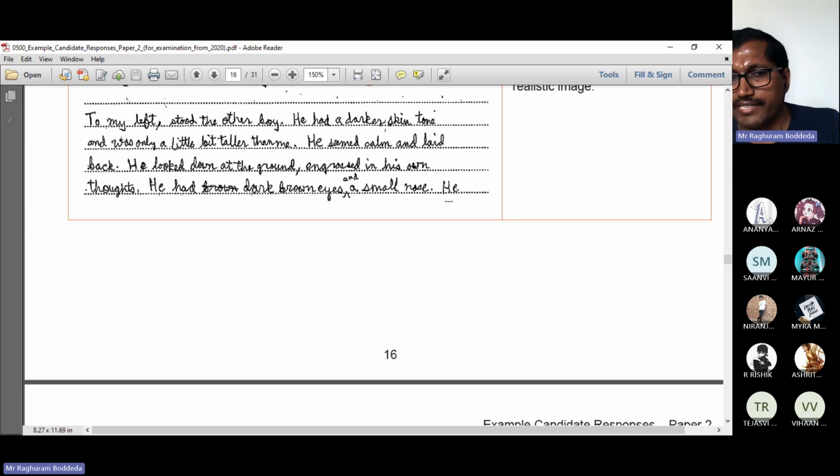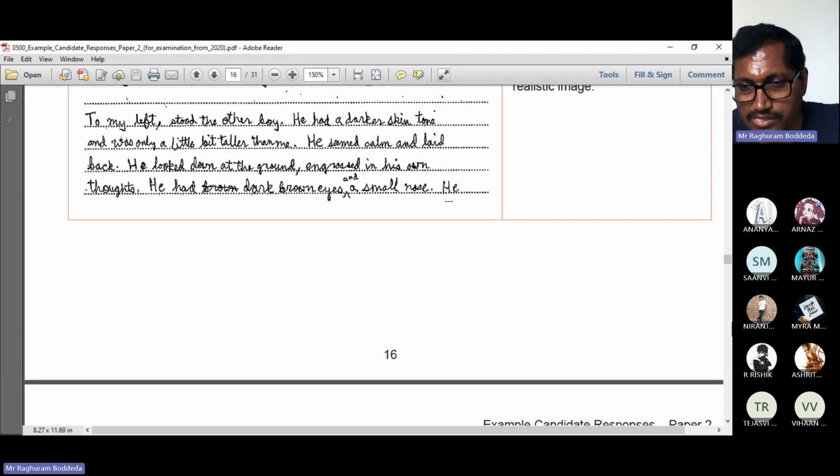That is the one additional detail he mentioned here. And one more element you can see is that he had dark brown eyes and a small nose. Earlier in the previous paragraph he also mentioned facial features, but the complexity between the previous paragraph and this one is totally different, right?